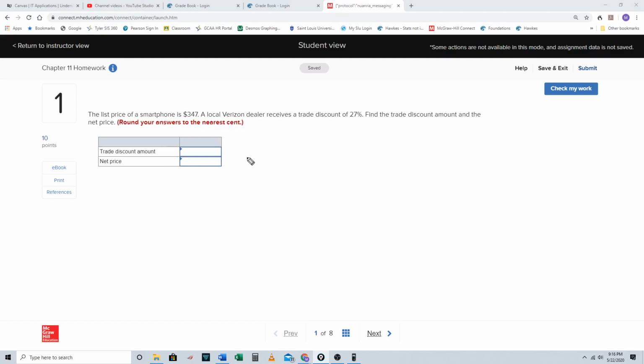All right, so trade discount amount is equal to the list price times percent discount.